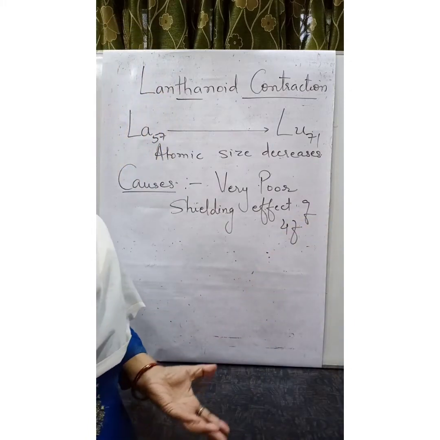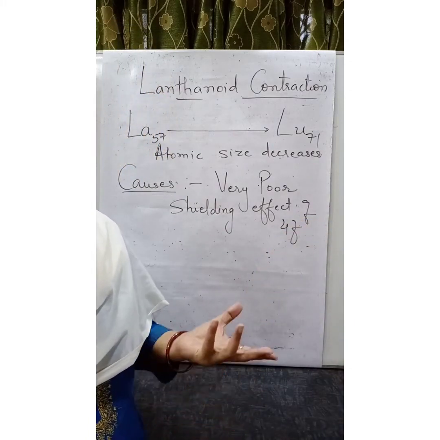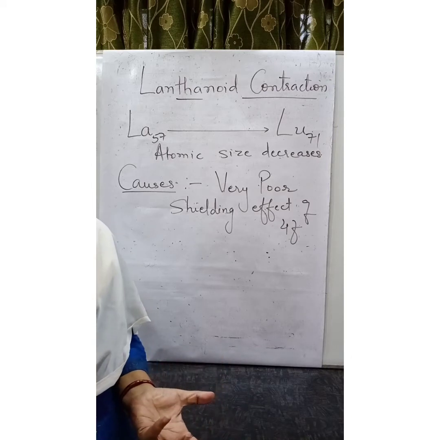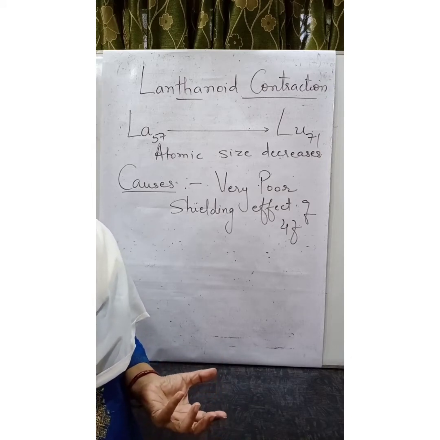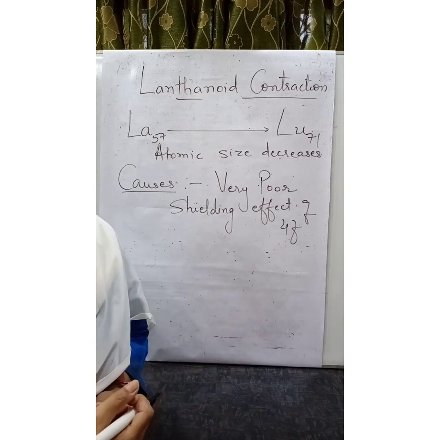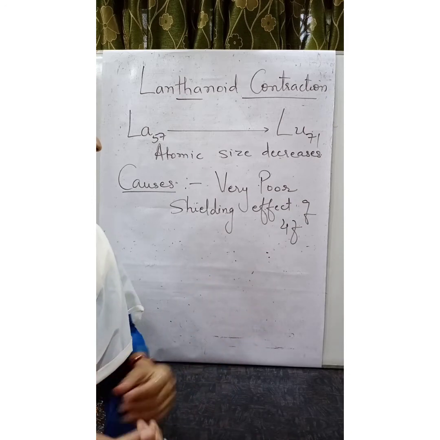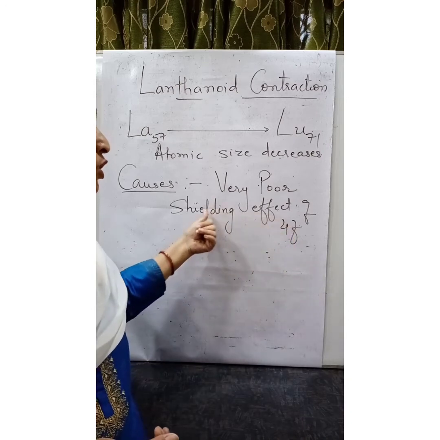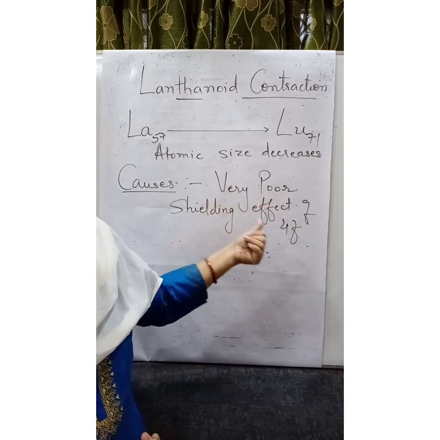As you already know, 4f electrons have unfavorable shapes and orientation. So because of that, even though there are more electrons, they do not repel each other. Therefore 4f electrons show very poor shielding effect.